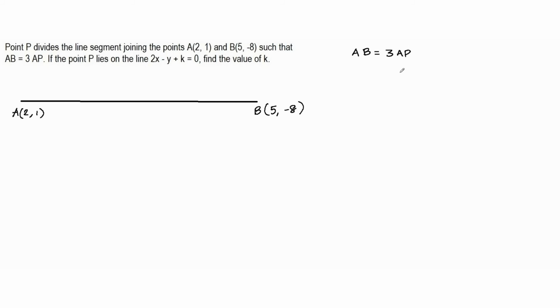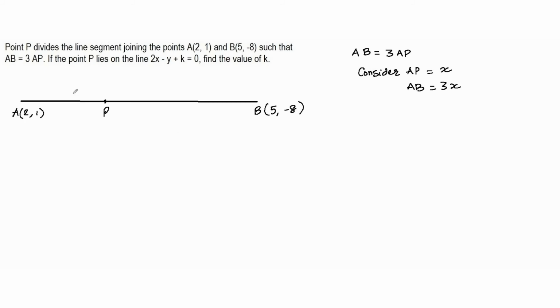So let's understand what this basically means. This means that the length of AB, so if I consider AP as length x, if AP is x, then I know that AB is 3 times x. So P is a point somewhere on this particular line segment.